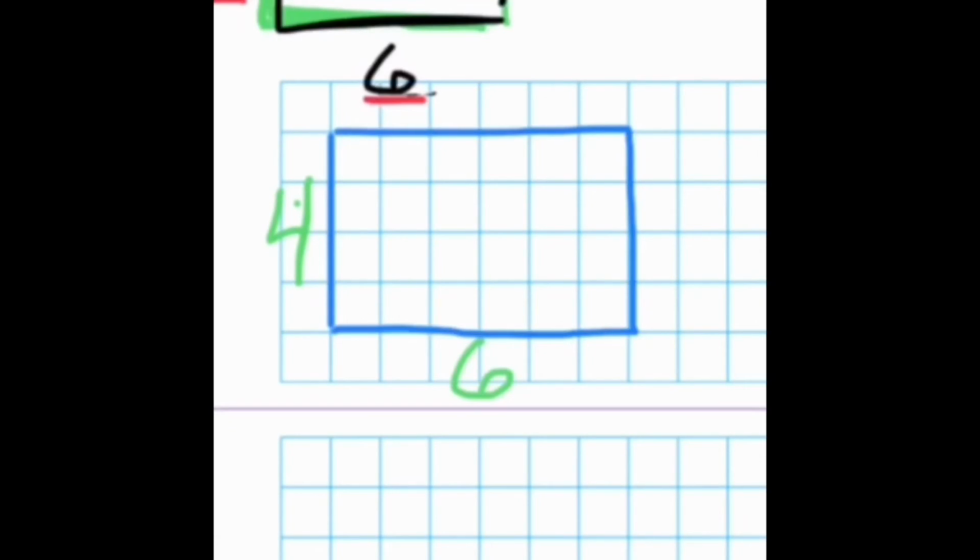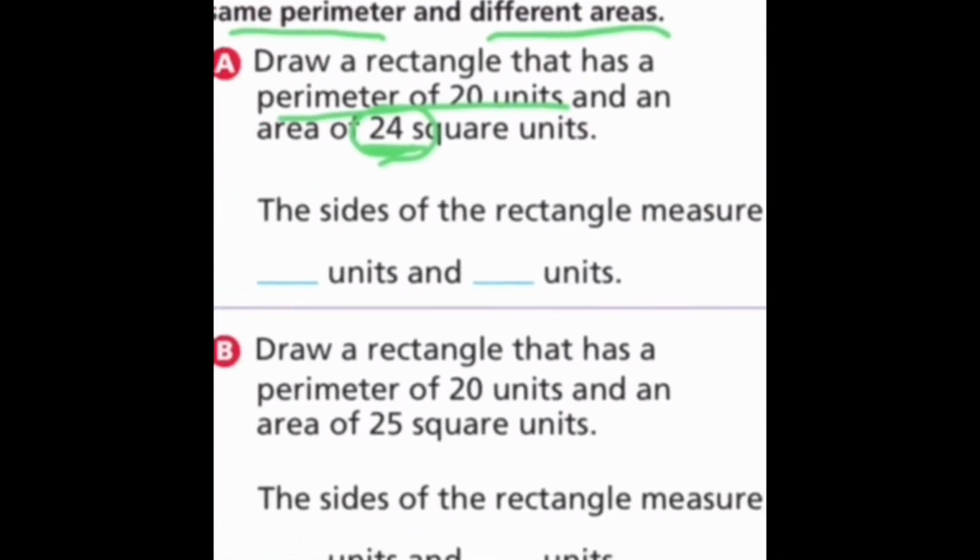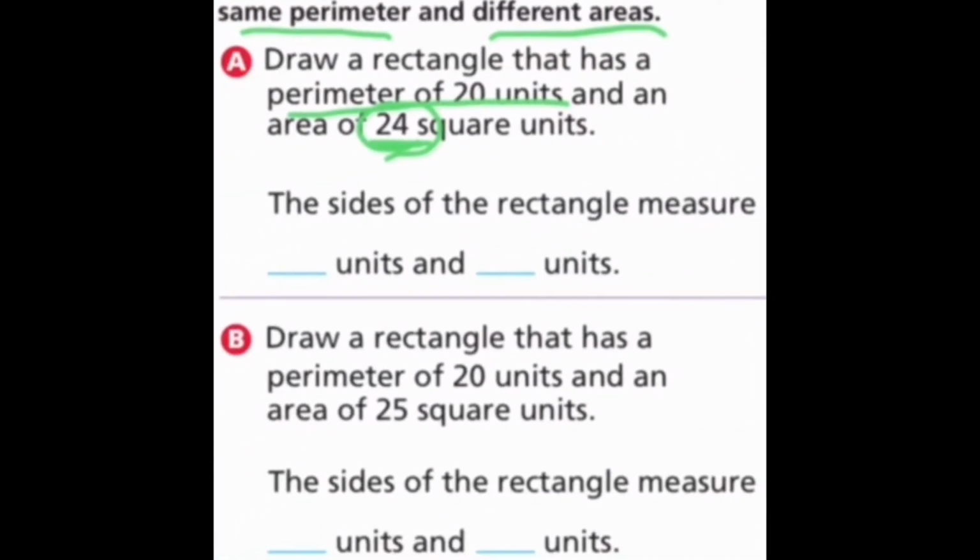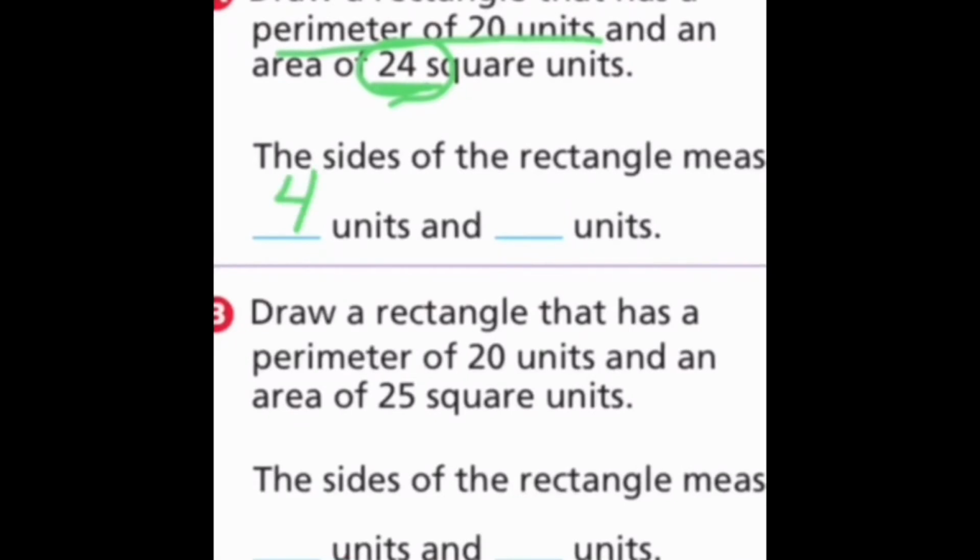So 4 by 6 rectangle. 1, 2, 3, 4, and 6 across. 1, 2, 3, 4, 5, 6. And then just finish off my rectangle. Label the sides. 4 and 6. Okay, the sides of the rectangle measure 4 units and 6 units.